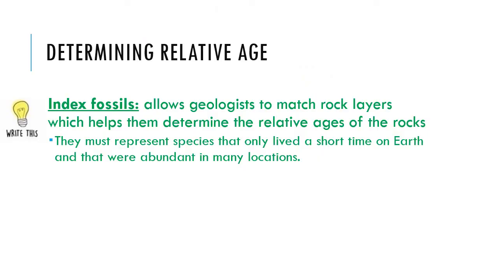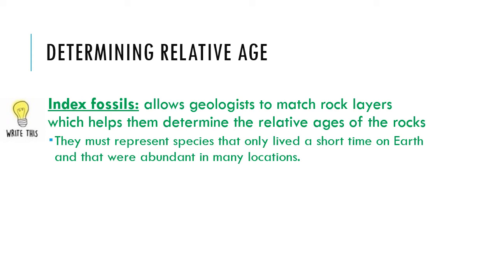We need some hints, we need some clues in our ground that can help us better organize these different layers. So what geologists and archaeologists actually use are things called index fossils. These allow geologists to match rock layers, which helps them determine the relative ages of rocks.